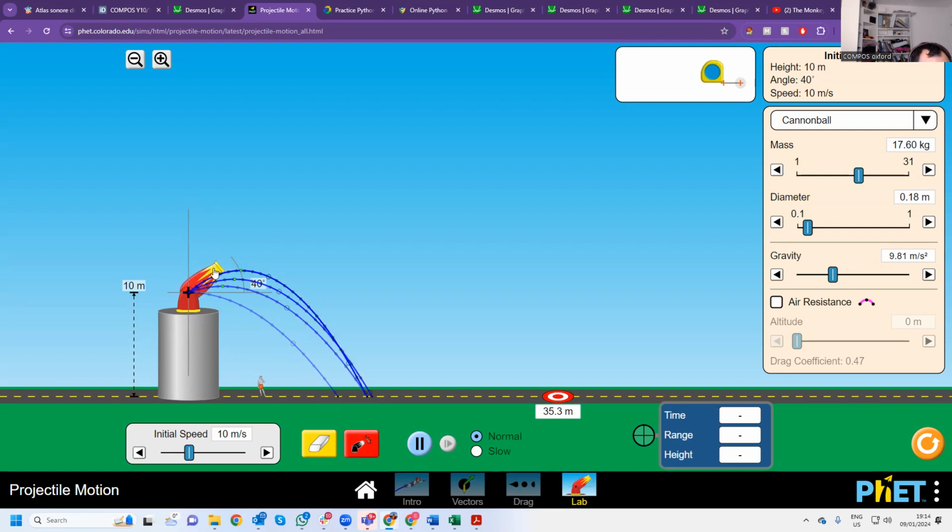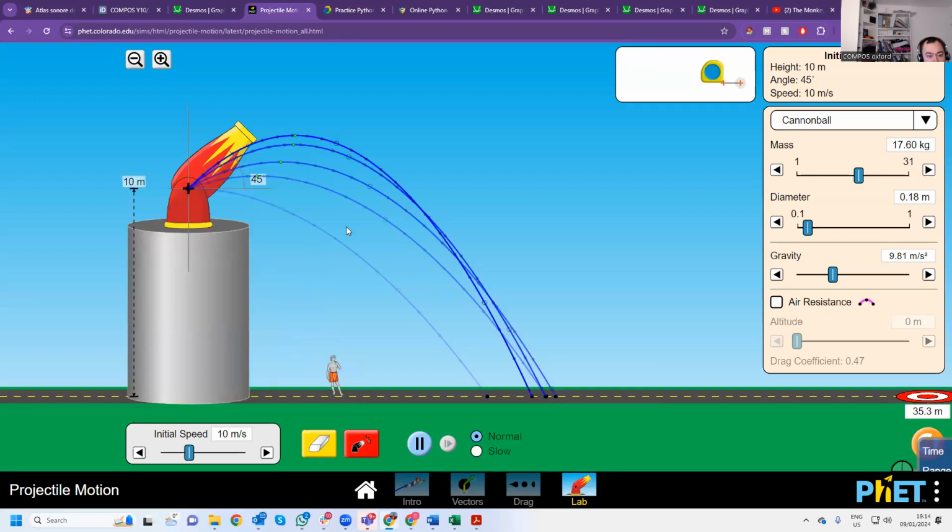Wow, look at that. And 45, I'm guessing it's going to be less. You can see that 45 gives you a smaller distance than 30. It looks like the optimum is around 30. Let's say 32.